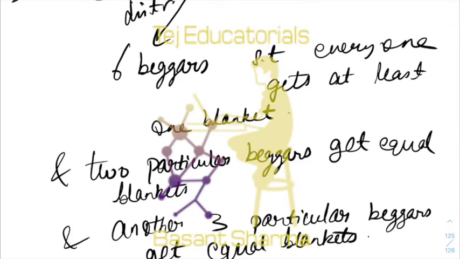We want to find the number of ways in which such a distribution can occur.